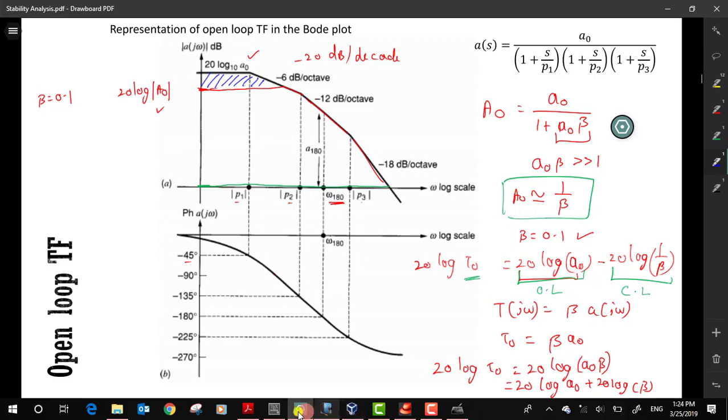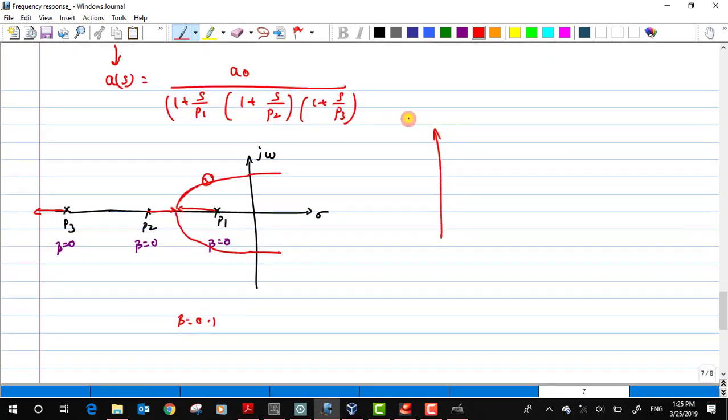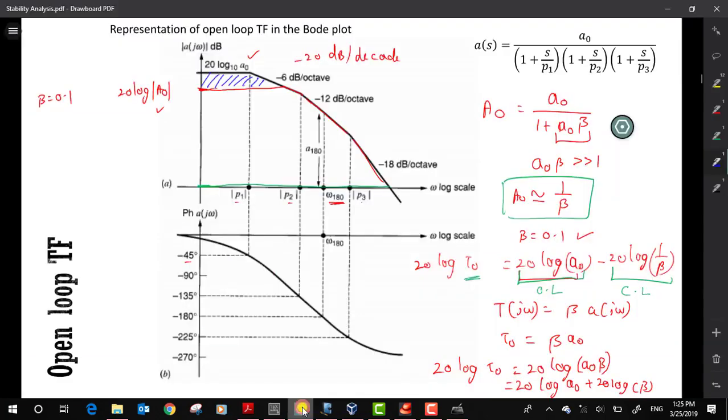So I again try to draw the same picture over here. Now I just want to plot T of j omega in terms of dB. My poles are located here: one pole at P1, the other at P2, and the third at P3. Now how will I draw this graph? I just want to replicate this onto my other graph.